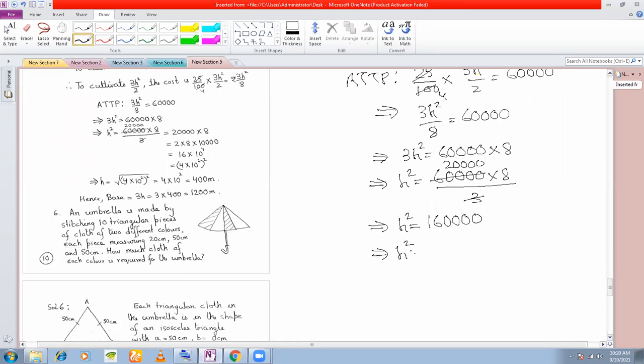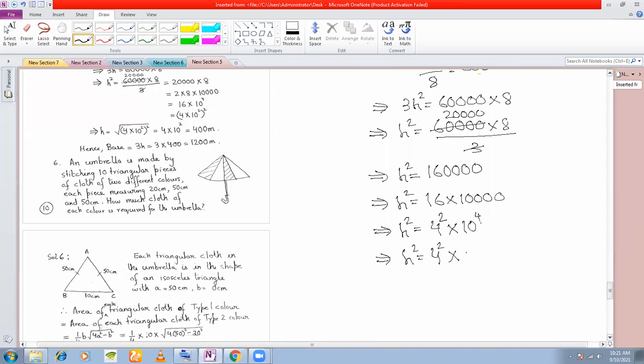Because h square can be written as 16 into 10 to the power of 4. 16 is 4 square into 10 to the power of 4, so h square is equal to 4 square into this. Now this can be written as a perfect square: 4 into 10 square, whole square.